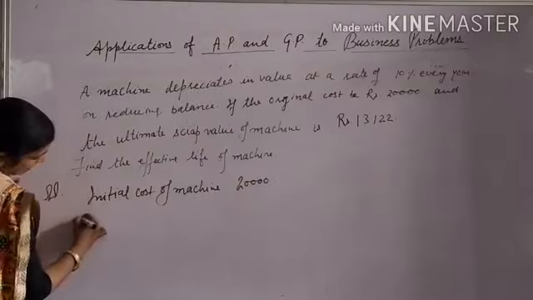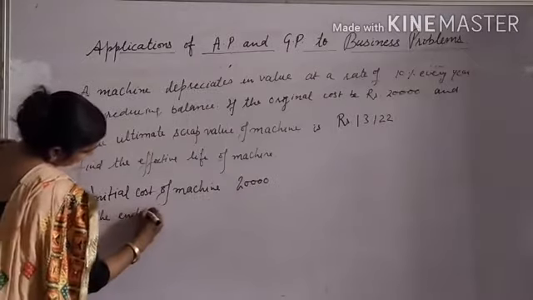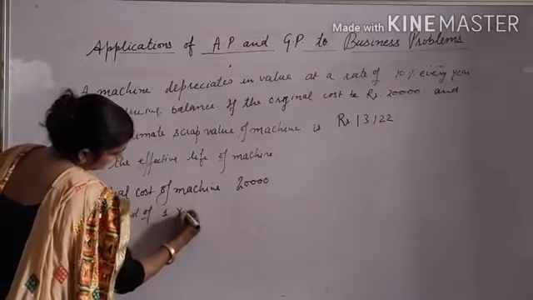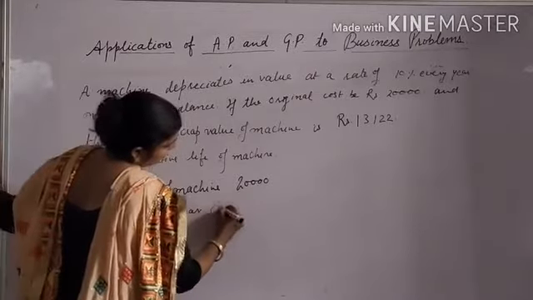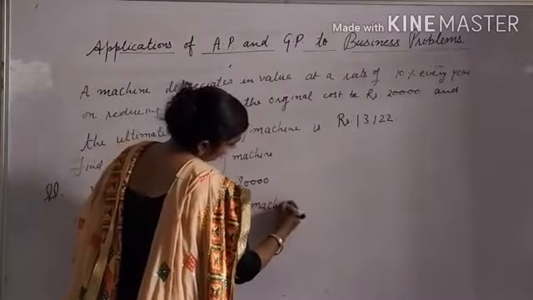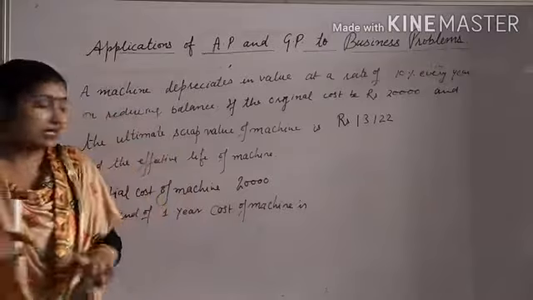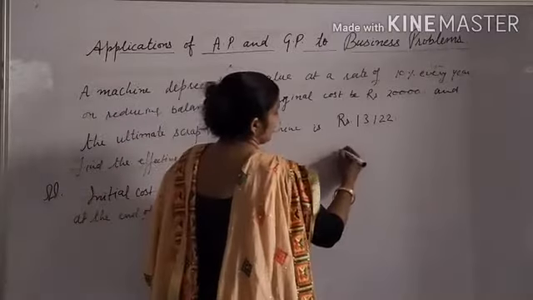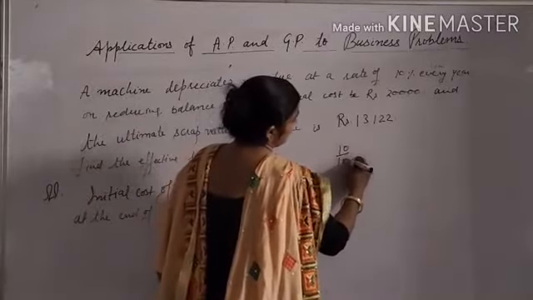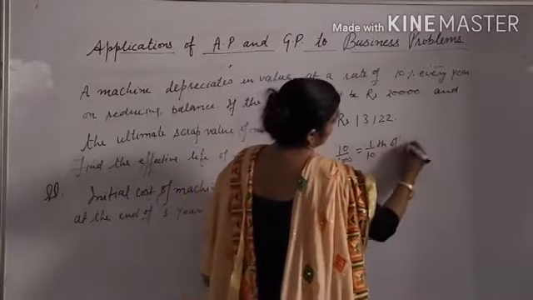At the end of 1 year, the cost of the machine reduces by 10%. 10% means 10 by 100, that is 1 by 10th of 20,000.